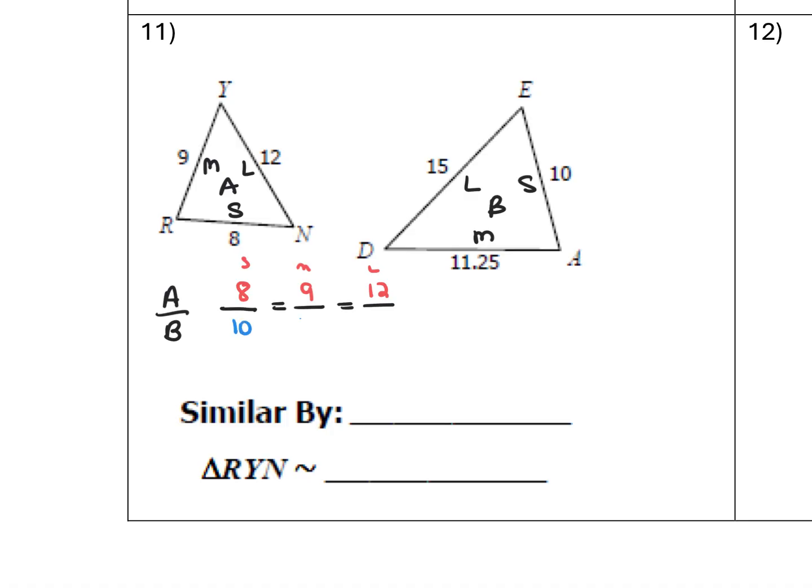Small, medium, and large. Now, since I have a decimal in my fraction, I have to convert all of these to decimals to see if I do have indeed a side, side, side similarity. So 8 divided by 10 is 0.8. 9 divided by 11.25 is 0.8.